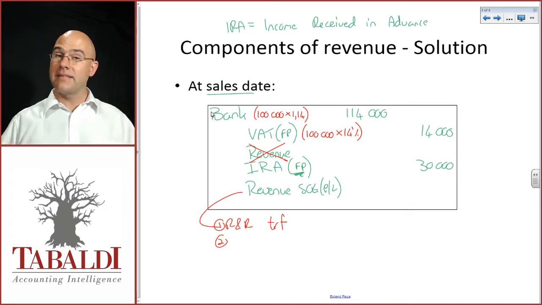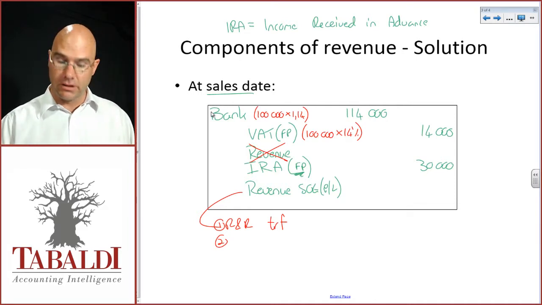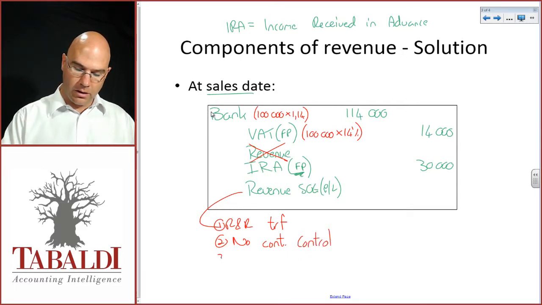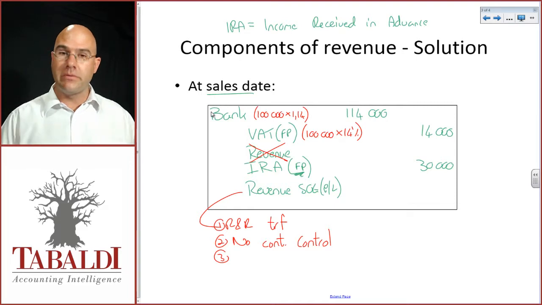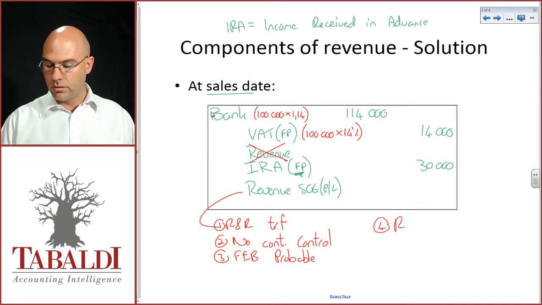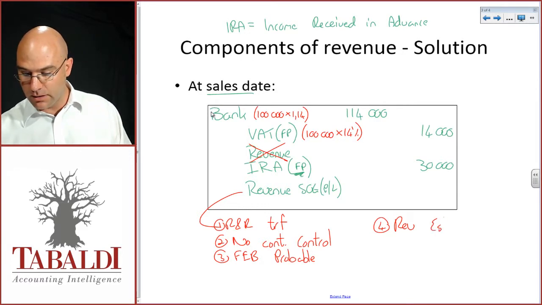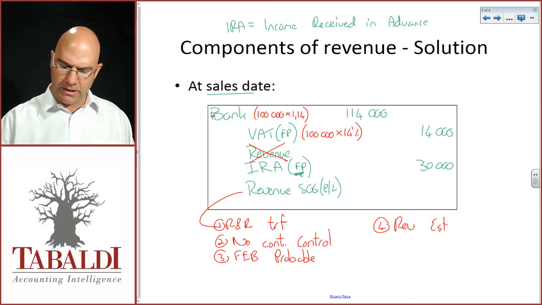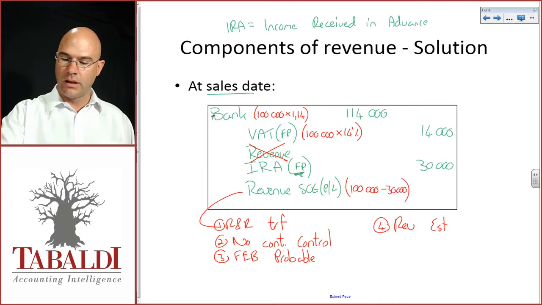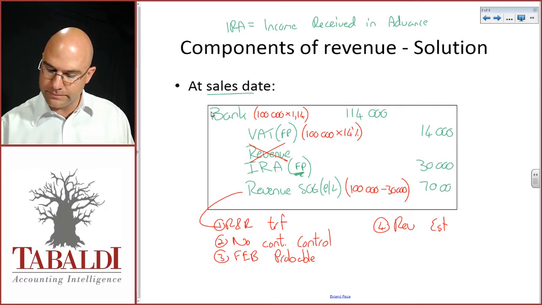The day the buyer drives the vehicle off the showroom or dealership floor, there is no continuing managerial involvement, so no continuing control. The future economic benefits are very probable. We've received the cash, right? Can you make a reliable estimate of the revenue? Yes, you can. What is that figure going to be? It will be the 100,000 minus the services component that is deferred or received in advance, leaving me with 70,000.